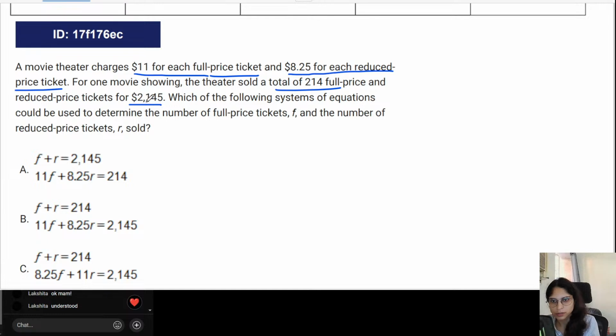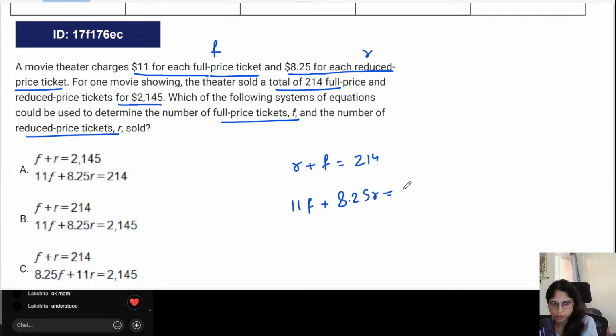And $2,145 is your money. Full price ticket is F. Reduced price ticket is R. Total is 214. So R plus F or F plus R should be 214. And then 11F plus 8.25R should be 2145.